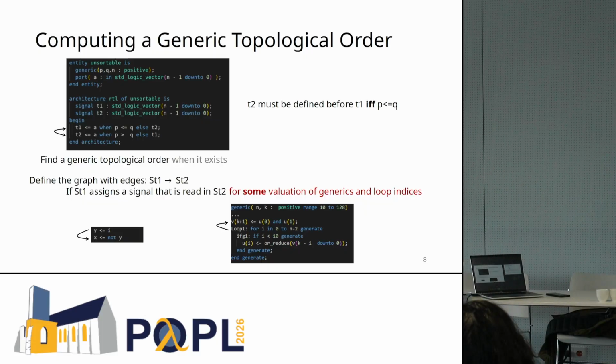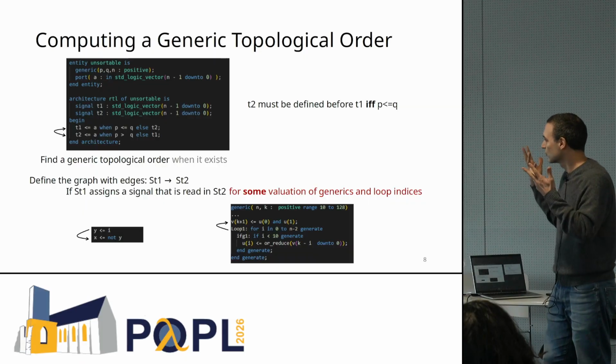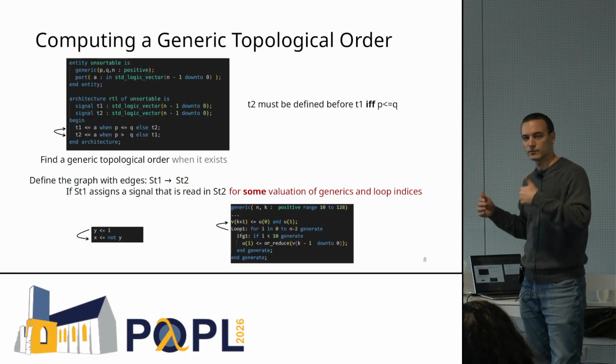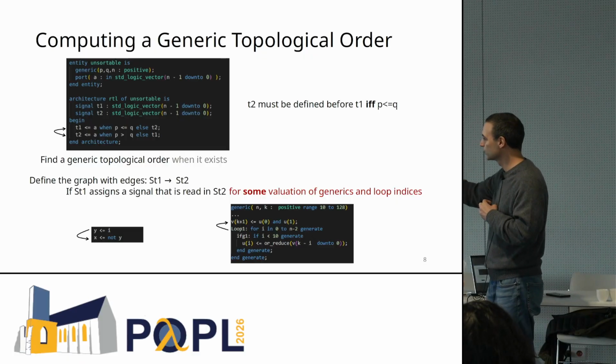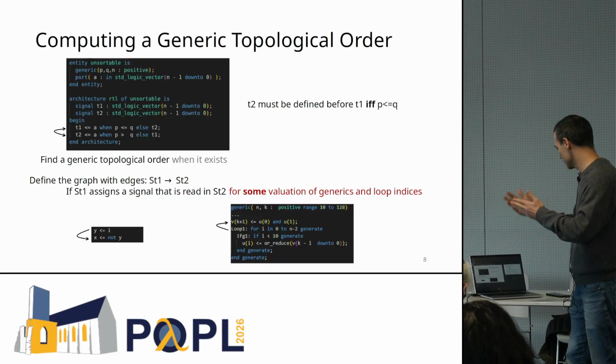You can see that u0 is assigned here and read in the first statement. Formally, for some valuation of the generics and loop indices, for n equals 1 and I equals 0, indeed, u0 is assigned in the loop, and it is also used on the first line. So that's why there's an edge.